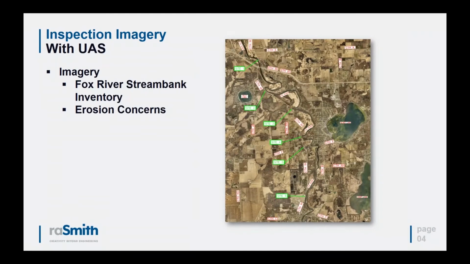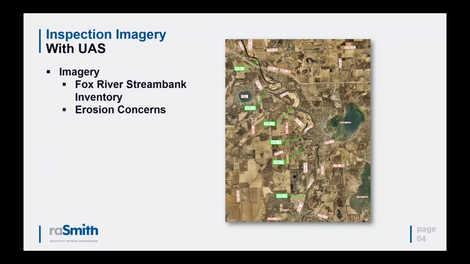So I'm going to get into a couple of project examples here. This first one is on the imagery side, inspection imagery side, and this was a project we got involved in through one of our engineering groups here at raSmith. Our client was Kenosha County, actually, and we were helping them with some imagery for a Fox River stream bank inventory.